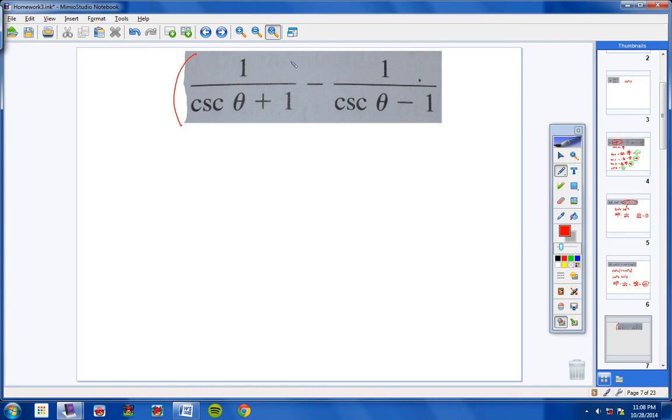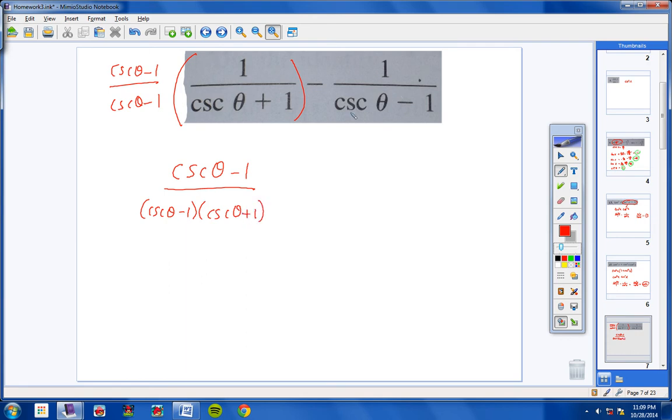This fraction here, I'm going to multiply by cosecant theta minus 1. So that's going to give me cosecant theta minus 1 times 1 is cosecant theta minus 1 over, and down here in the denominator I'm going to have cosecant theta minus 1 times cosecant theta plus 1.